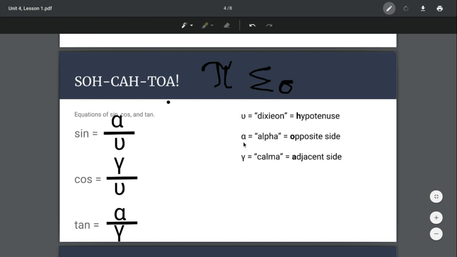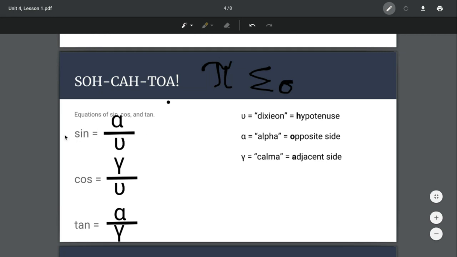The A is alpha, which represents the opposite side. And this Y one is gamma, and it means adjacent side. That's what those Greek letters mean.